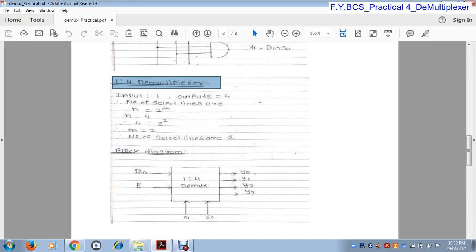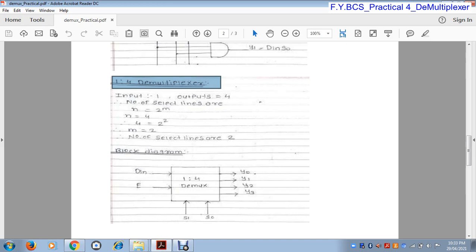We know the formula for select lines: N is equal to 2 raised to m, where N is the number of outputs and m is the number of select lines. Here N is equal to 4 because there are four outputs. So 4 is equal to 2 raised to 2, so m is 2. Therefore the select lines are 2.